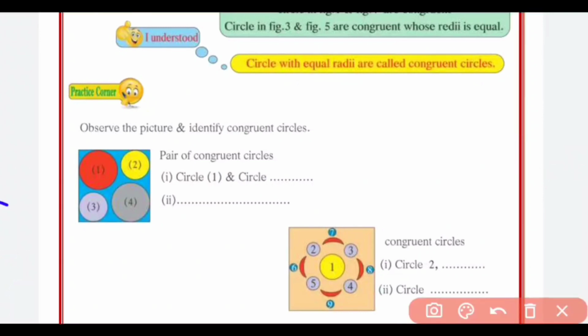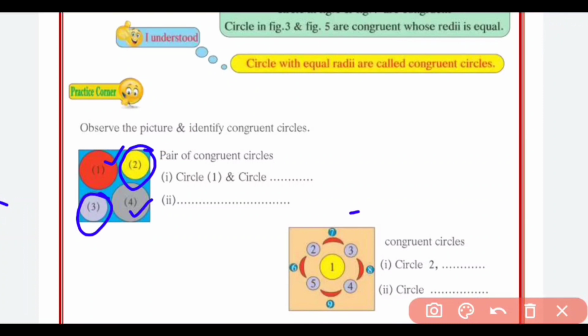As we can see in this first diagram, circle number 1 and circle number 4 are congruent circles, and then circle number 3 and circle number 2 are congruent circles. So we will be writing circle 1 and circle 4 are congruent, circle 3 and circle 2 are congruent. Then you can observe this second figure.